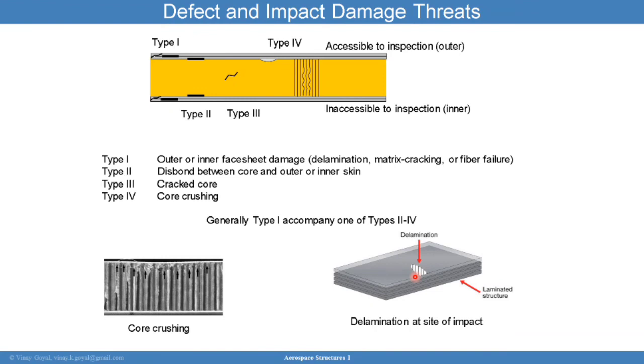And that's where testing and analysis can be very valuable in saving money, but can also be quite dangerous, because if you don't understand the impact damage events sufficiently, perhaps the impact damage events are assessed to be benign, but yet they're not quite benign. There could be a problem instead.